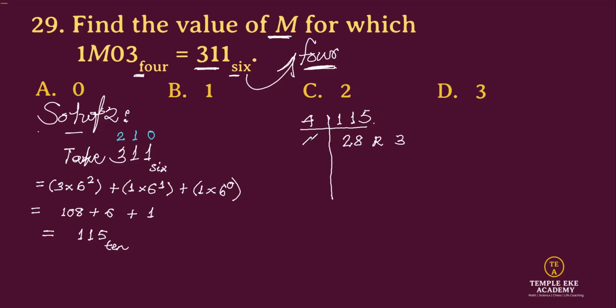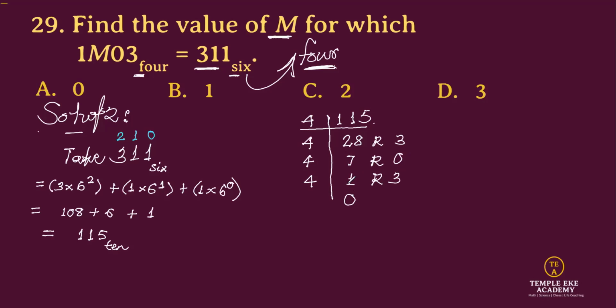4 continues to divide. 4 divides into 28. That's 7 times. This is a perfect division because now there is no remainder. Remainder 0. 4 divides into 7. That's 1. Now remainder 3. And now we attempt to divide more with 4. 4 divides into 1. It's not possible. So we write a 0.